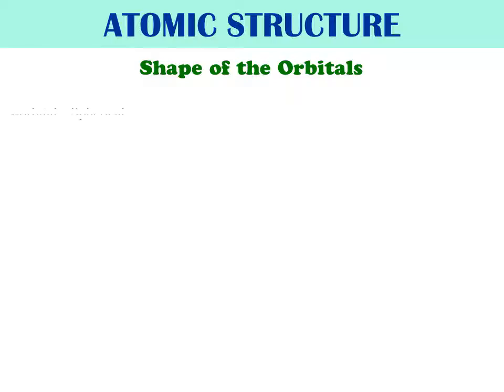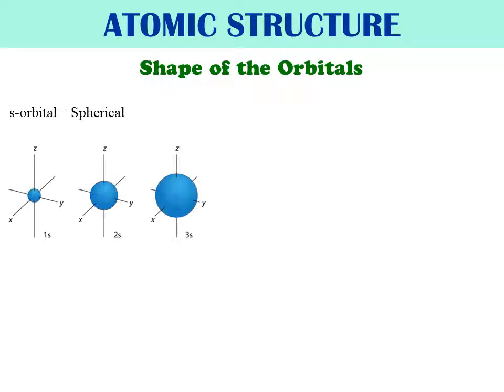What is the shape? S orbital is having a spherical shape, something like this. You can see it's a spherical shape. So the electrons present within S orbital will have a uniform electron density around the nucleus. Uniform means wherever you go, it will have the same electron density or electron cloud.